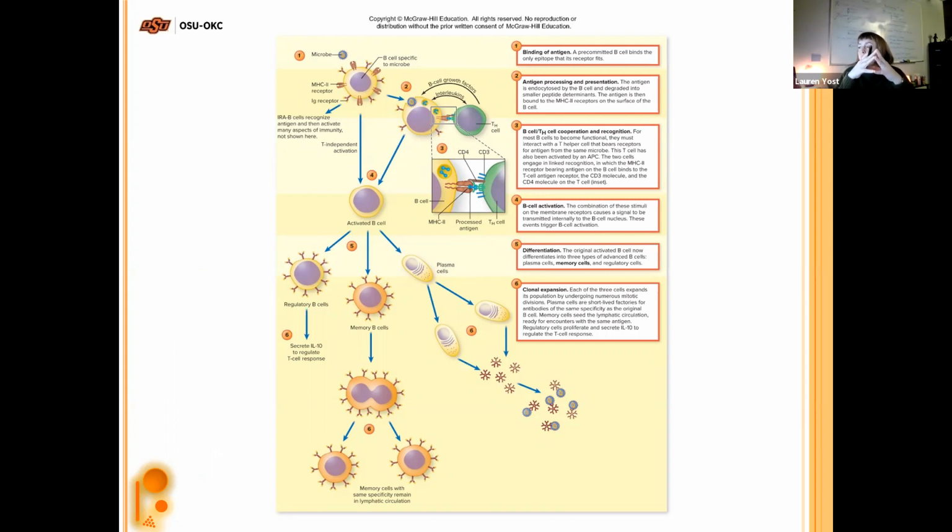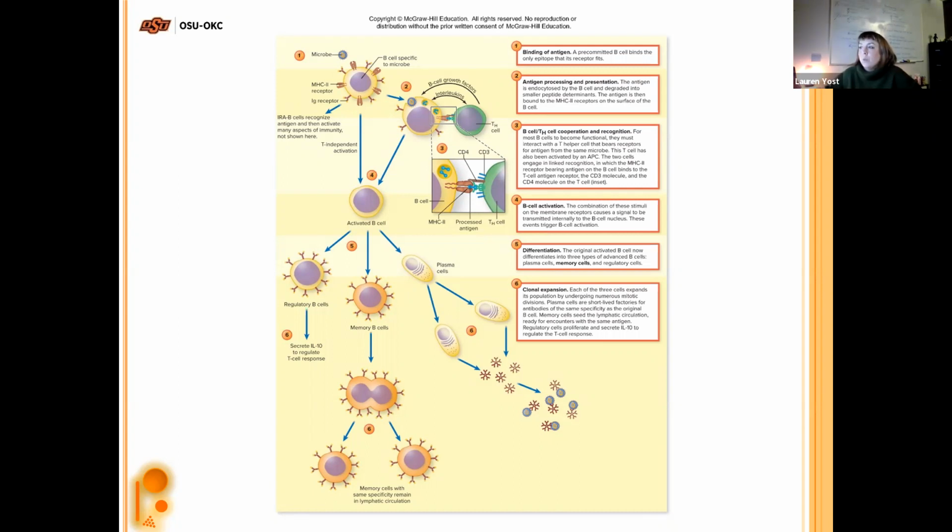You're going to process it and present it. And then we're going to have T helper cell cooperation so that we can start increasing activation and interacting that way, sending signals to kick everything into gear, essentially.